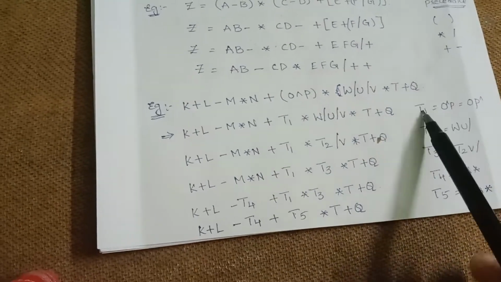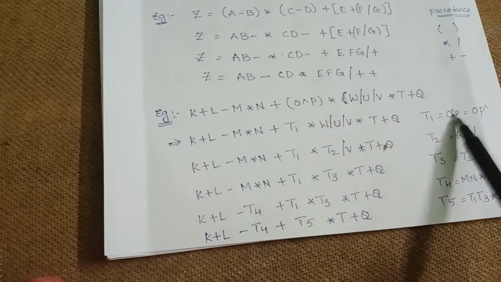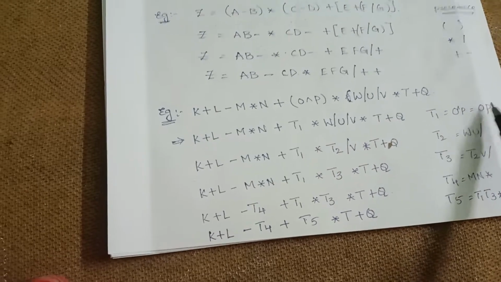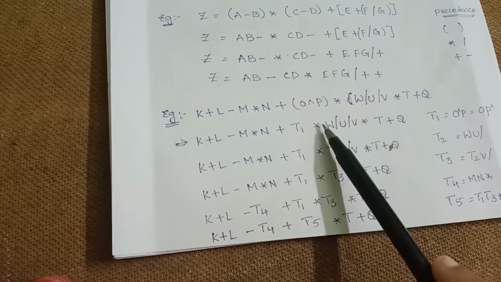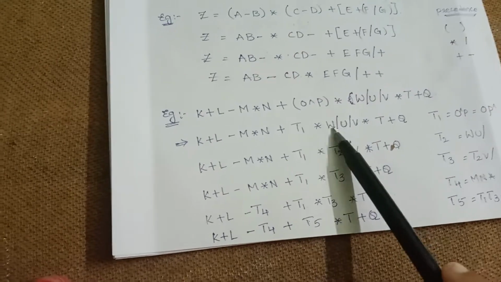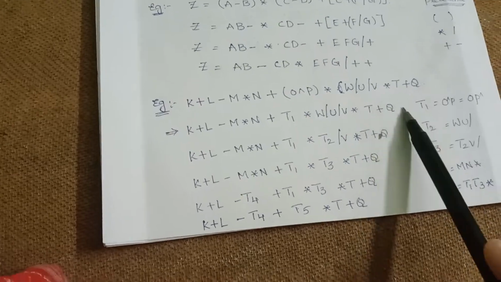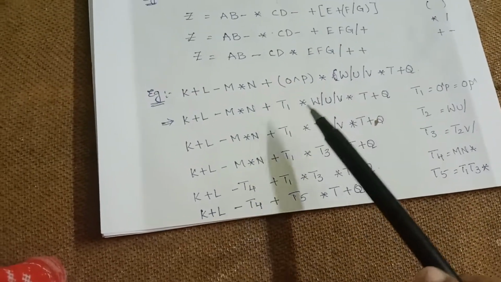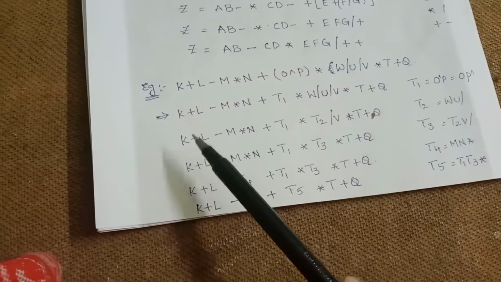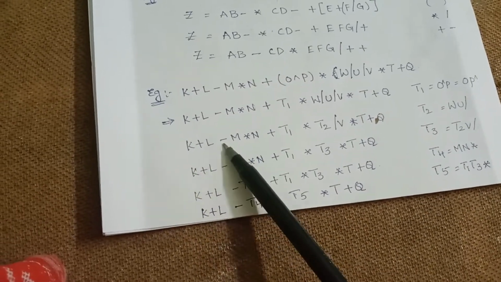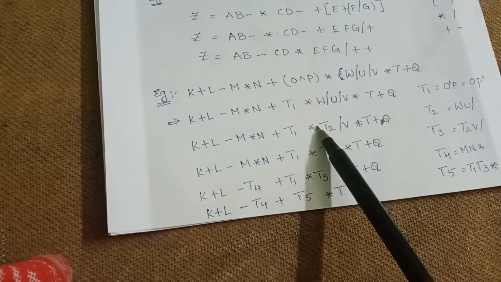So t1 is equal to o cap p, which when doing the postfix will be converted as op cap. And write the remaining expression star w slash u slash v into t plus q. And next precedence will be given to slash. So k plus l minus m into n plus t1 star.